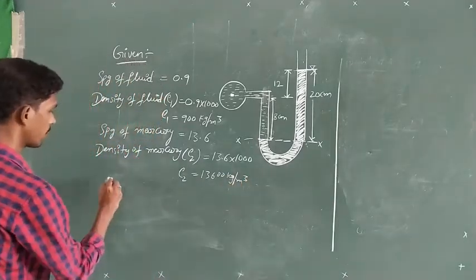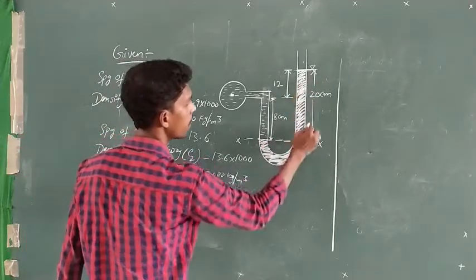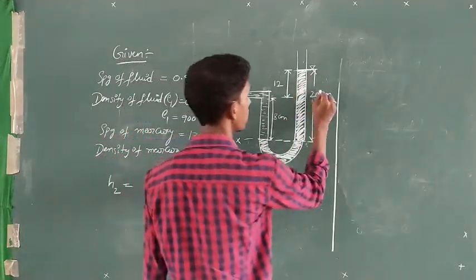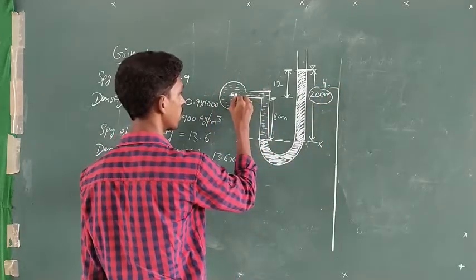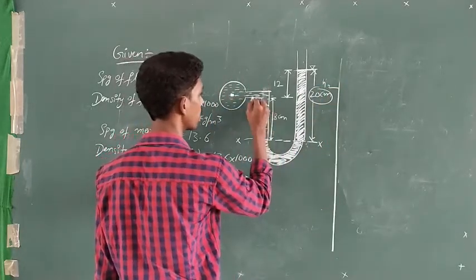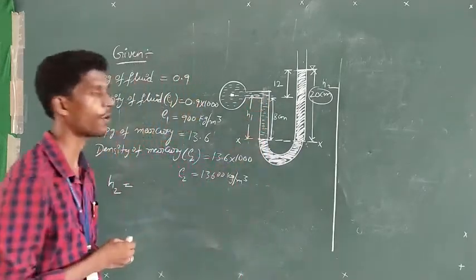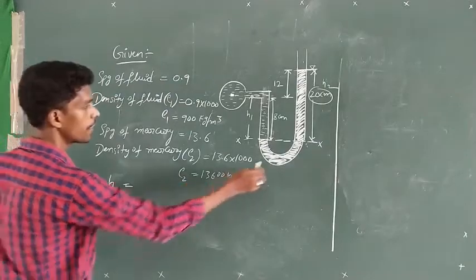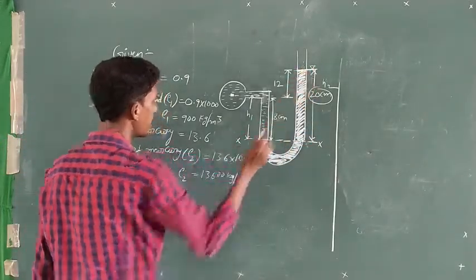See here, H2, that means this one, right? It indicates the H2 value. So this one is the H2 and this value is the H1. H1, we have already found. So what about the H2 here? Above datum line in the right limb, the mercury level in the right limb is the H2.